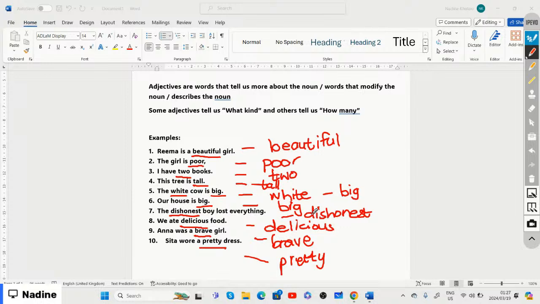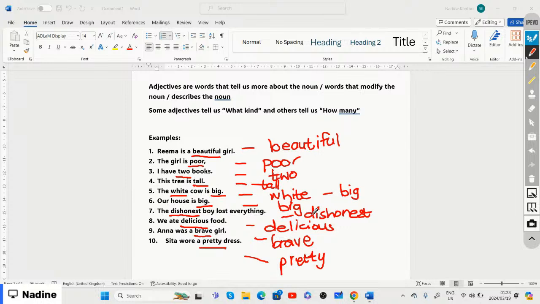Those are words that we can use to describe the food. And then we have a brave girl, a courageous girl, the kind girl. Those are words that tell us what kind. And lastly, we have a pretty dress, a beautiful dress, a lovely dress, the red dress.